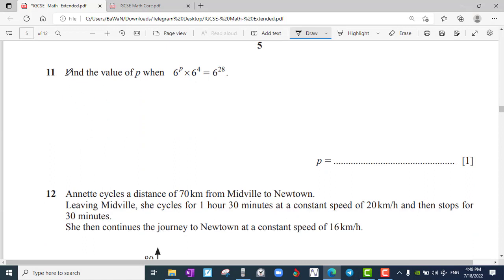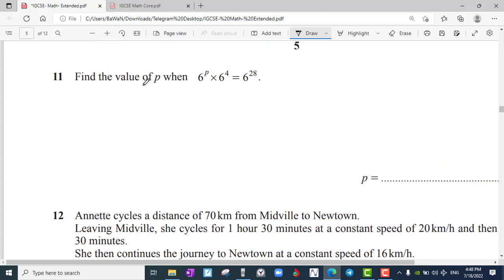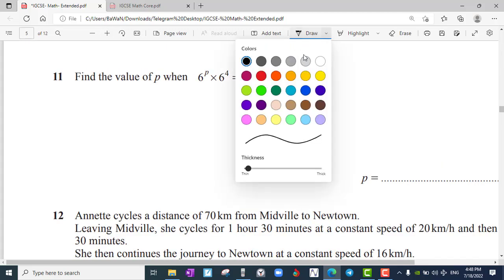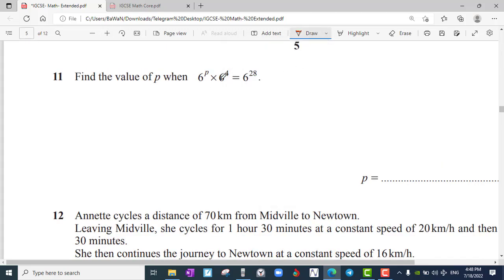Question 11. Find the value of P when 6 power P times 6 power 4 is equal to 6 power 28. There is a rule in multiplication, we add the powers. What does that mean? It means this P and this 4 are added together and they make 28.